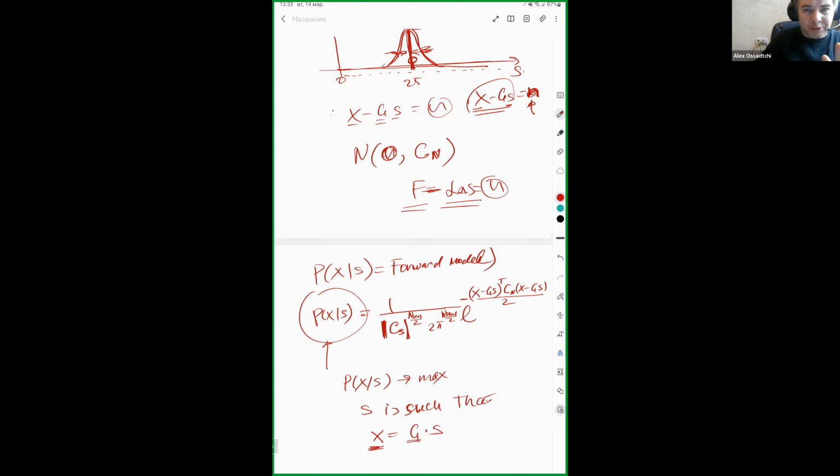G is your forward model matrix, you have it, it's all computed. And S is what you are looking for. But clearly, because there are few equations here, you can have an infinite number of solutions. For an infinite number of S, this equation is fulfilled. Okay? And therefore, you need some extra equations. And those come from the prior that we just spoke about, from the prior on the sources, on the distribution of sources, okay?